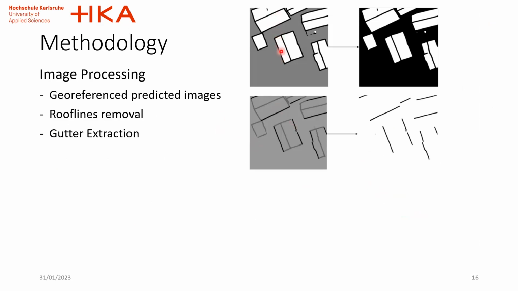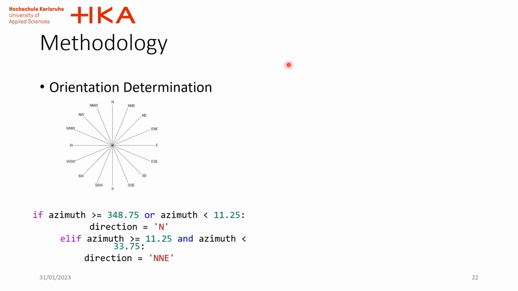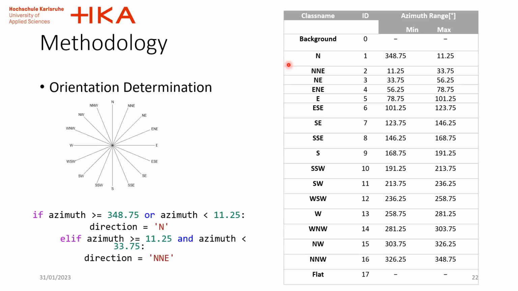For example, this is on the west side, so it was labeled as west. This is north, labeled as north, and then they used the data for deep learning, but we just use basically the three pieces of information: roof, roof line, and gutter, and get the result in 16 different orientation forms.